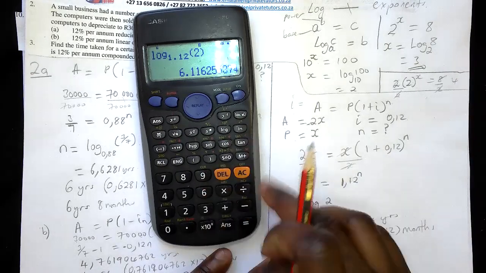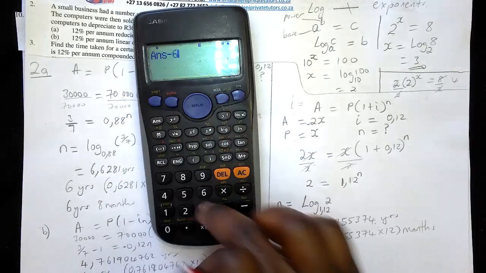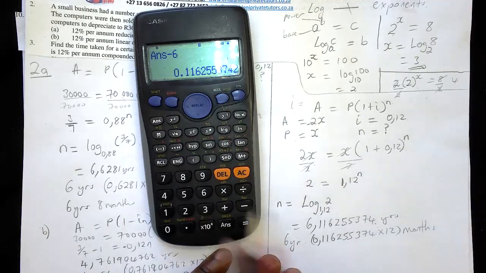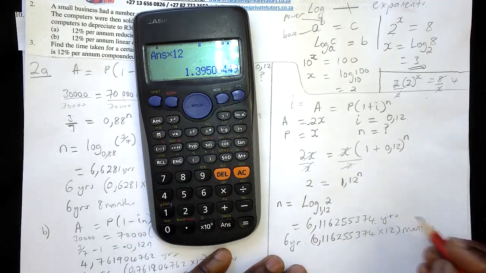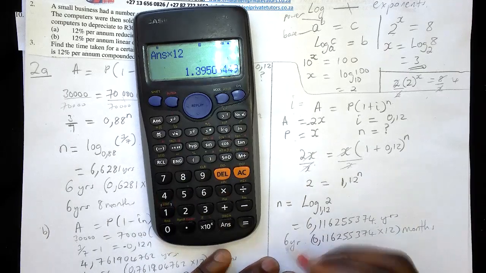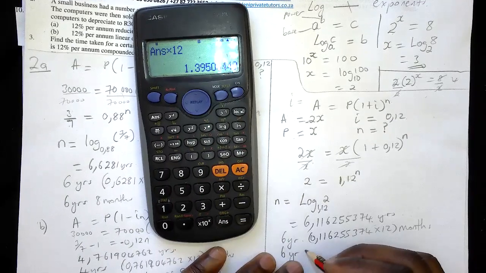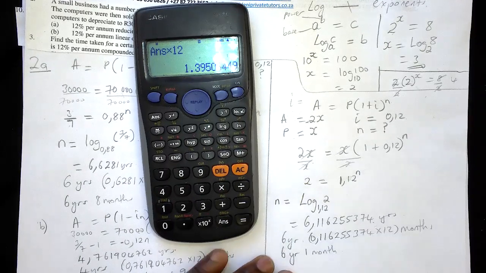For us to remove the 6, we're just going to subtract 6, because we don't want the number before the comma. Now we multiply by 12 and we get 1.39, which is approximately 1. This is just rounding off. So it's going to be 6 years, 1 month. That's our answer there.